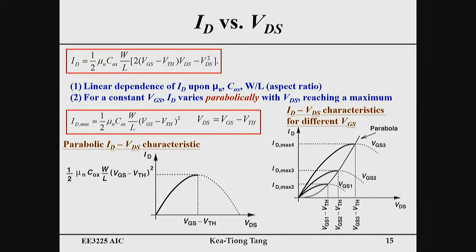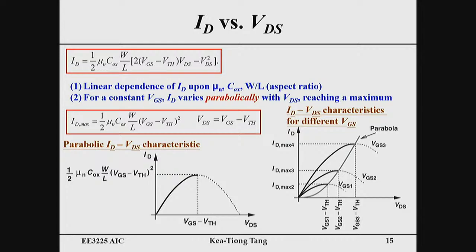So ID is equal to 1/2 mobility C oxide W/L (VGS minus VTH) squared, okay? So here you can see the drain current is squarely depending on VGS, right? Because there's a VGS square.